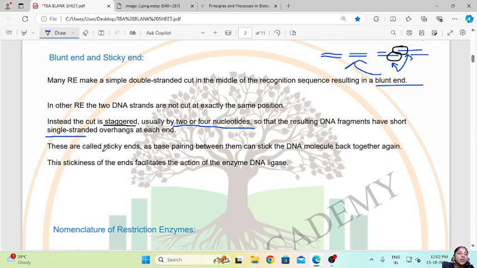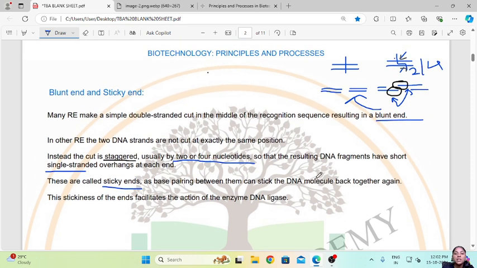Now these are called the sticky ends, as base pairing between them can stick the DNA molecules back together. So these sticky ends can again base pair with the DNA molecules of other. Then the stickiness of ends facilitates the action of the enzyme DNA ligase.